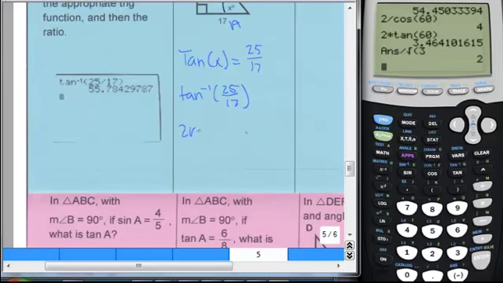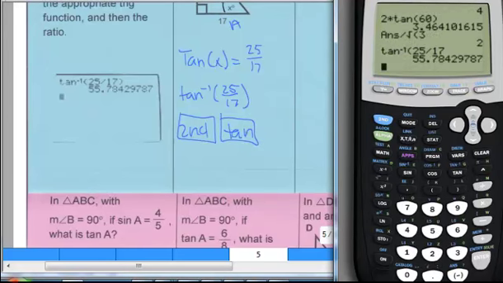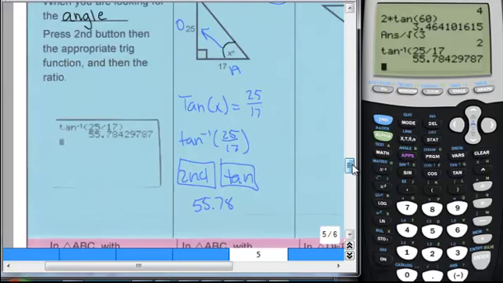To do that, you press second and then tan. So second tan 25 divided by 17. And this is an angle measure, so it gives us 55.78, but angle measures always need to be rounded to the nearest whole number. So 55.7 is really 56 degrees.